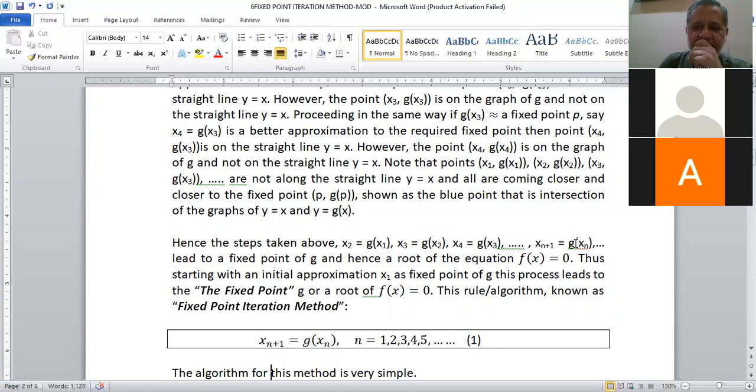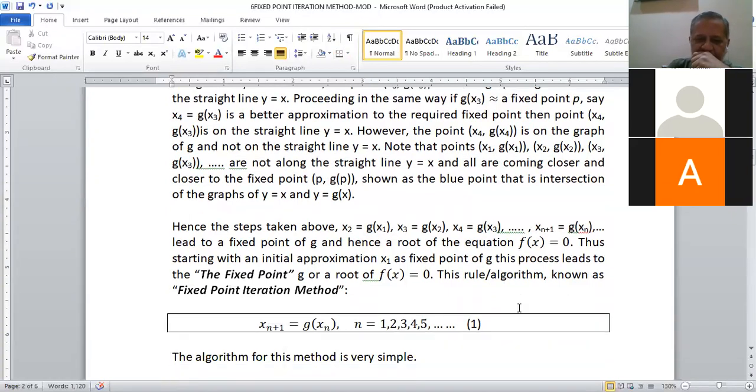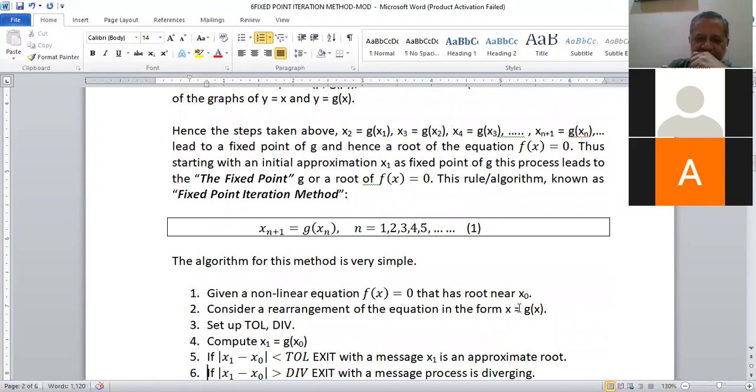At the nth approximation, we take the function value g and call it x(n+1), and this process continues. Until when? Of course, when the difference between the last x value and the new x value is very small, less than tolerance, and then you stop. So the algorithm is very simple.